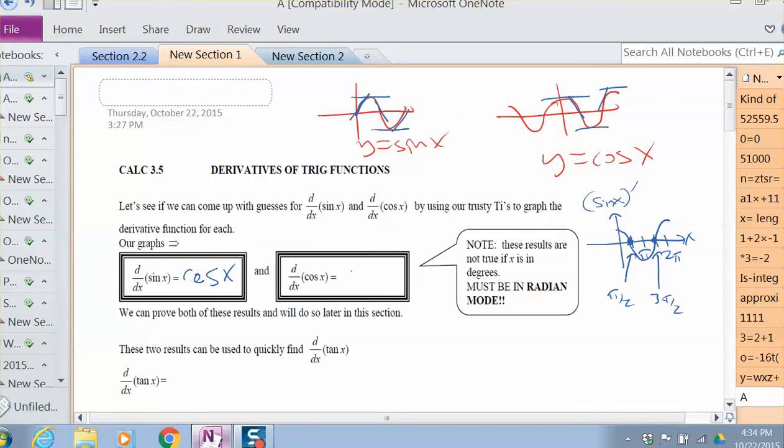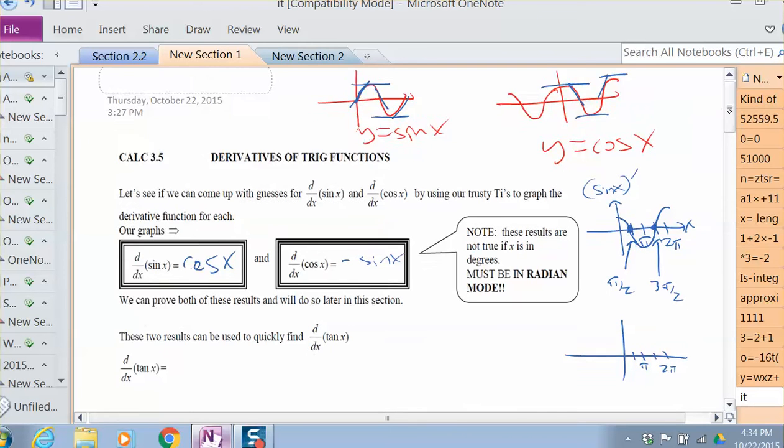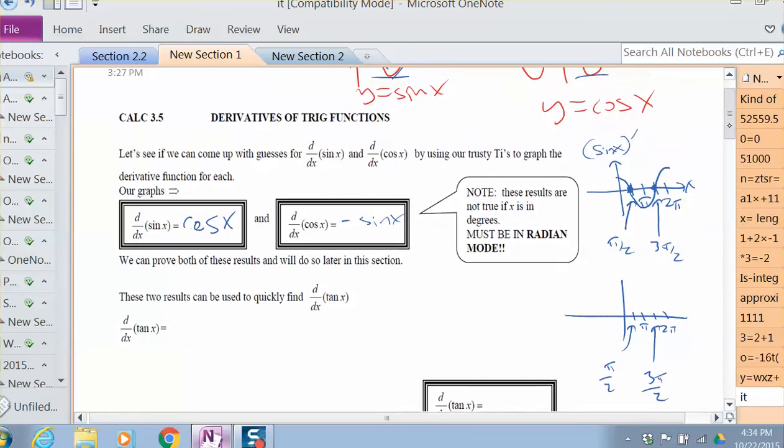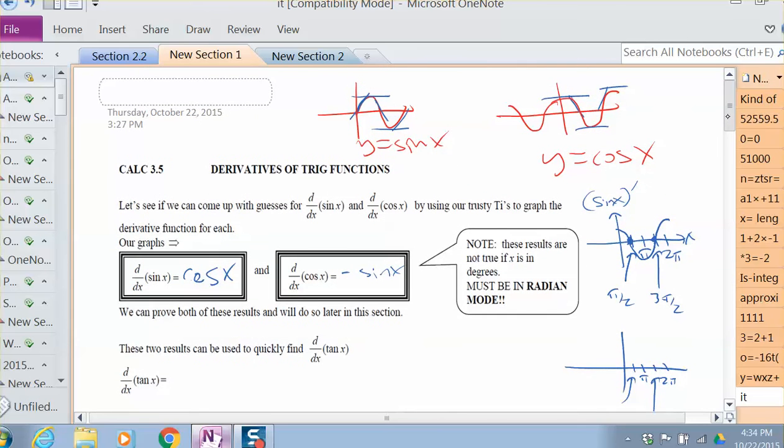Whereas the derivative of cosine is going to be negative sine x. And why does that happen? Well, do the same thing. We notice that for cosine, we have horizontal tangents at 0, pi, and 2 pi.